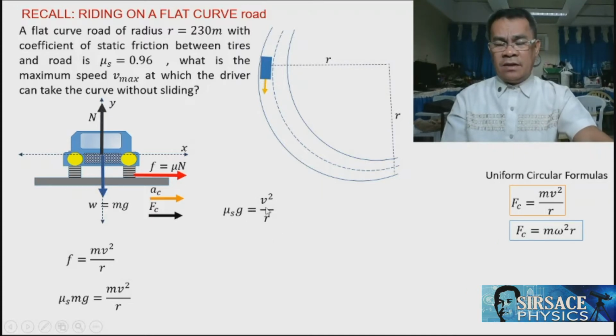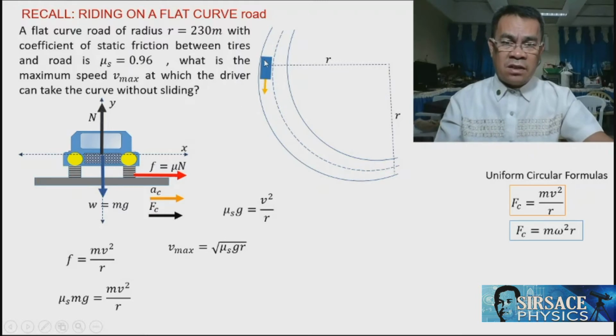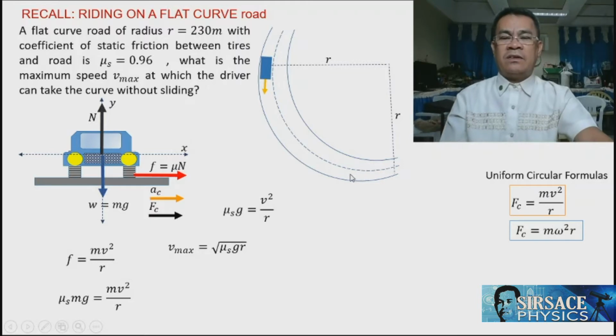So therefore, transforming this equation, we are able to find a relation of the velocity in terms of the coefficient of static friction and the radius. So therefore, this is the maximum. If you substitute the friction here by the gravity and r, taking the square root of that, the result is the maximum velocity that the car can have in order to make a turn without sliding around the curve.